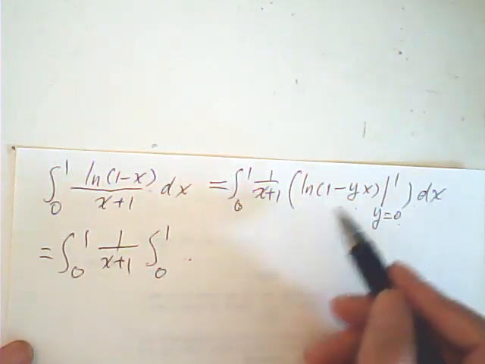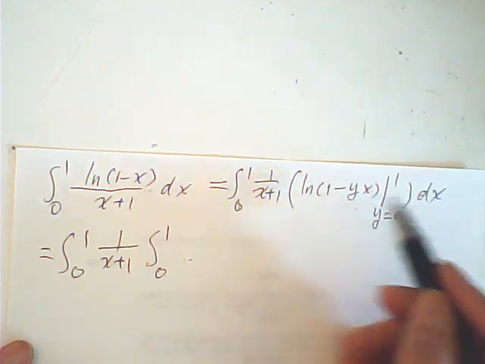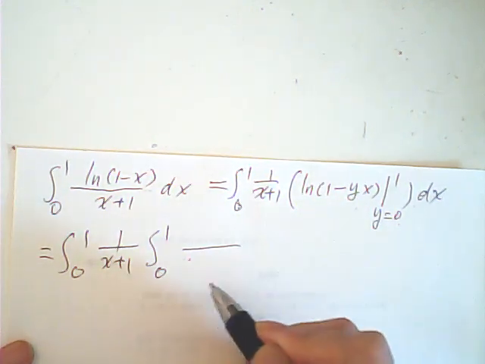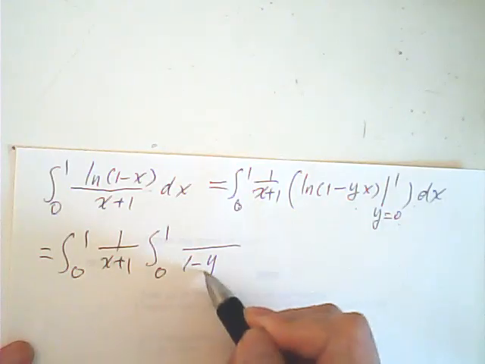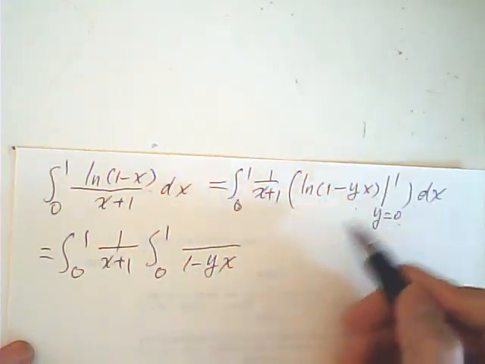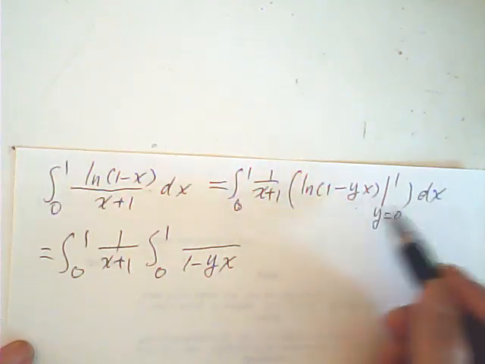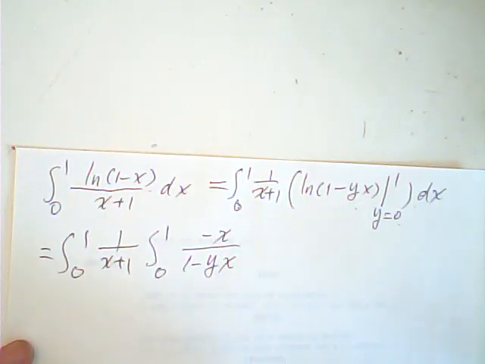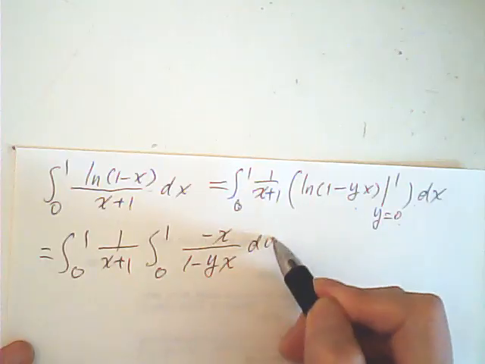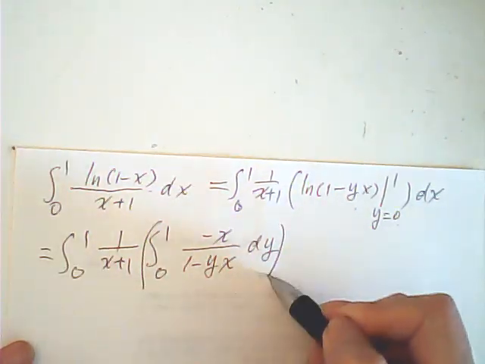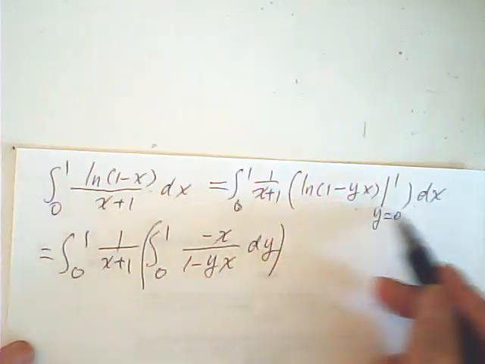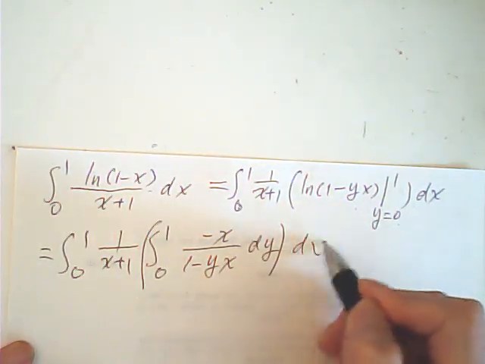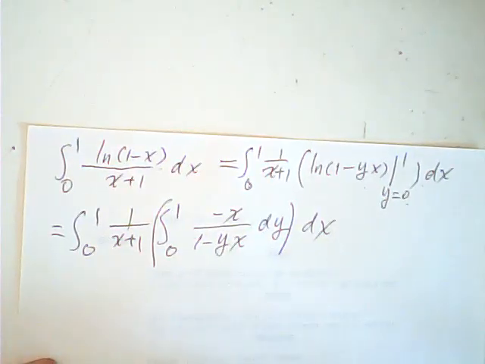The integral function is the derivative with respect to y, which equals 1 minus yx, and because I take a derivative with respect to y, it must be negative x on top. Then dy, then dx. Very good.